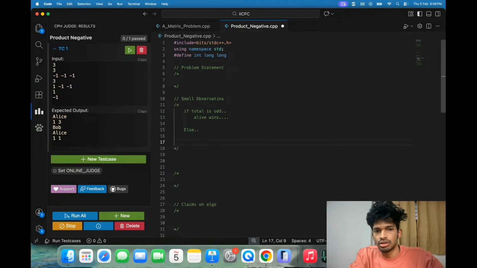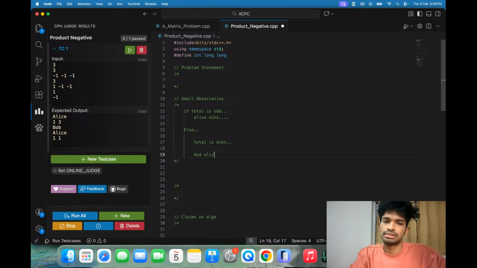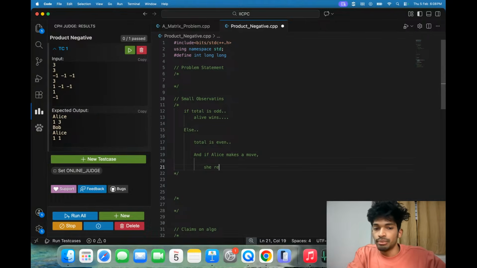Else the total is even. If Alice makes a move, she removes some odd count, and that makes the remaining odd.